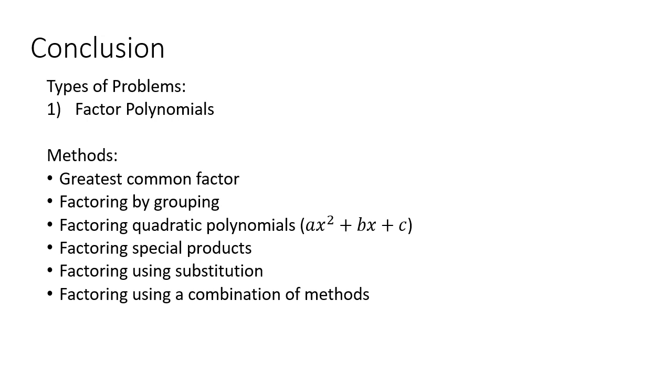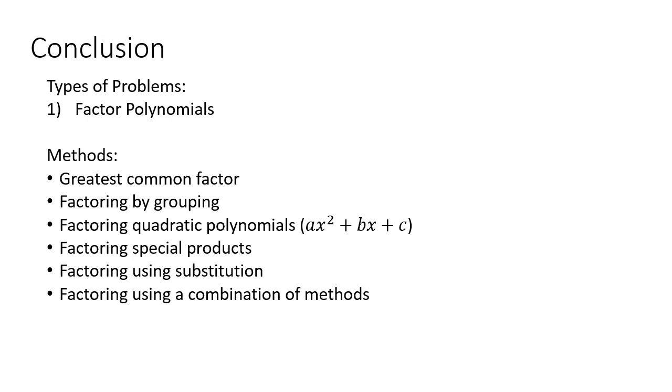Greatest common factor is usually your initial go-to. Try that first, if there's something in common between all terms. Factor by grouping, again, usually happens specifically as part of the British method for ax squared plus bx plus c, or if you have a polynomial with 4 terms. That's probably a sign that you should at least check out factor by grouping. Then for quadratic polynomials, that's just a very procedural process that takes a little bit of practice.